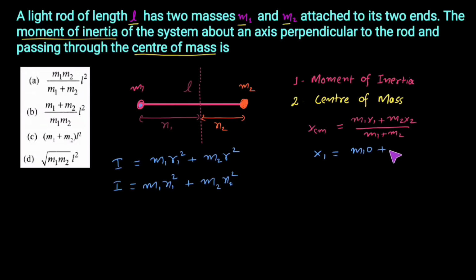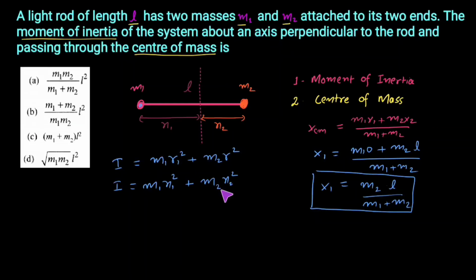So this is 0 plus m2 into x2, where x2 is the distance of mass m2 from the reference point, which is L, the total length of the rod, divided by m1 plus m2. So in place of x1 I can write m2 L upon (m1 + m2). We can simply replace x1 from this.